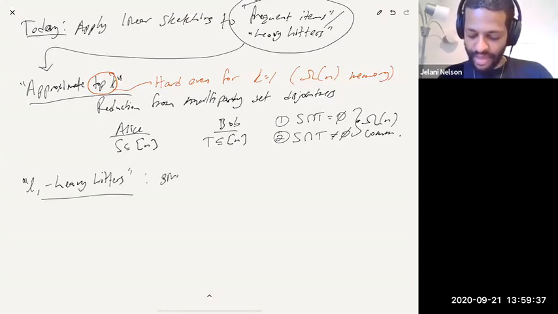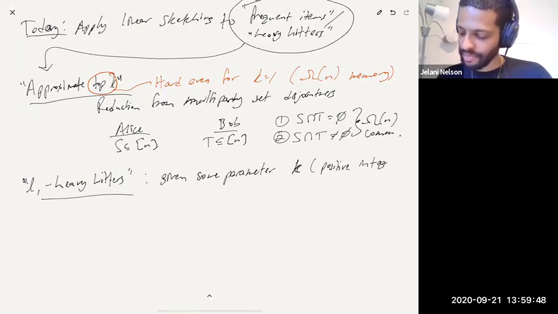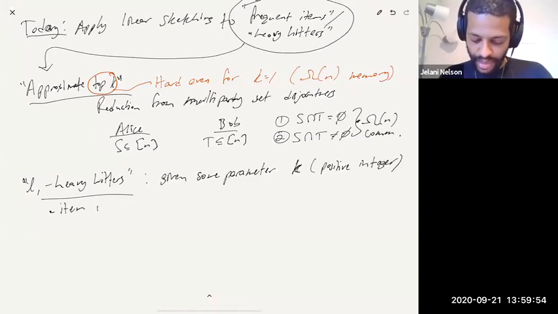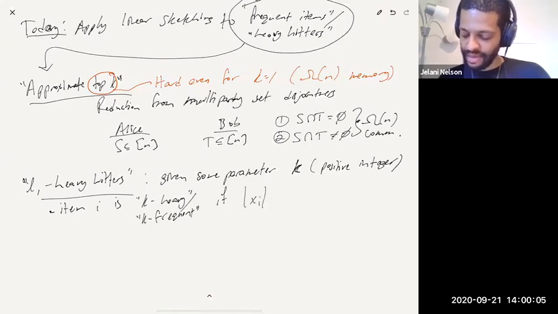Given some parameter K, which is a positive integer, it's that same K as in top K, I'll say item i is K heavy, or sometimes I'll call it K frequent, if x_i is bigger than 1 over K times the sum over all j from 1 to n of x_j.